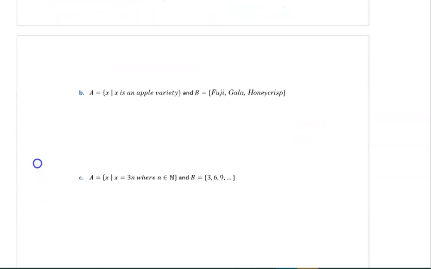Part B. A is the set of all x such that x is an apple variety, and B is the set Fuji, Gala, and Honeycrisp.